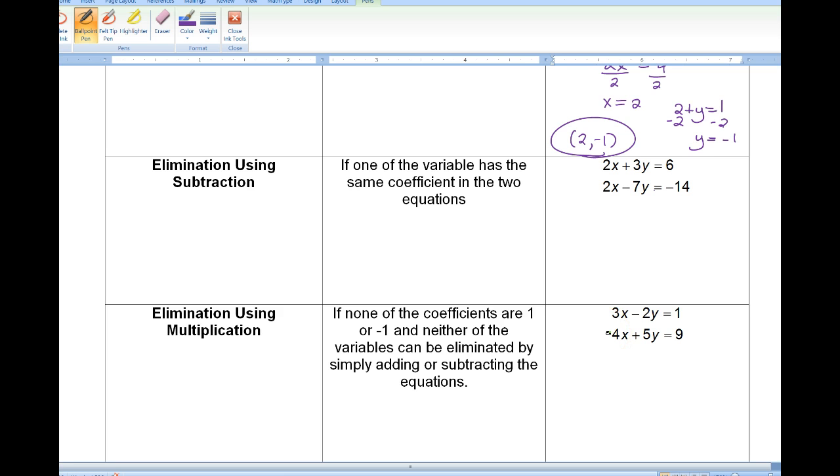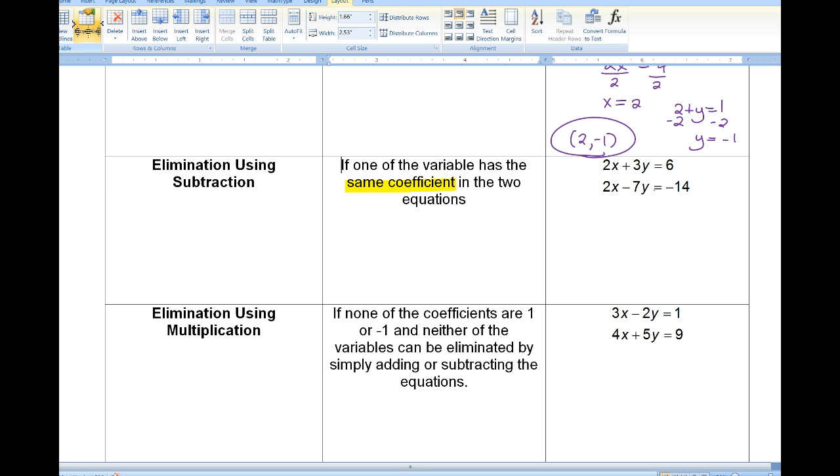When do we use subtraction? That's when they're both positive. So if I have 2x and 2x, they have the same sign, so I'm going to draw the line, change the signs, and then it combines. Here we have a minus, this becomes a plus, this becomes a plus.